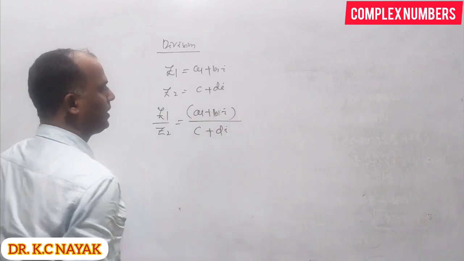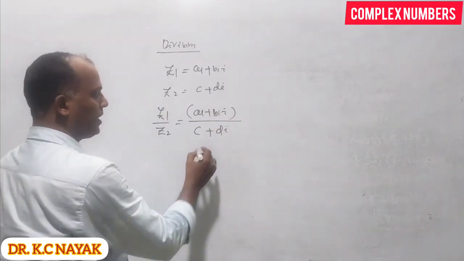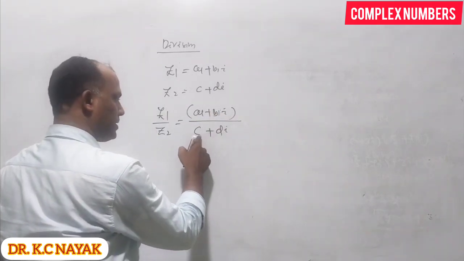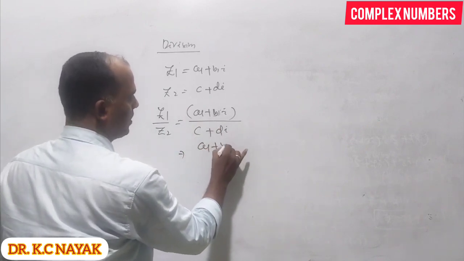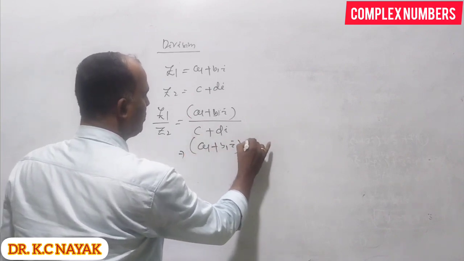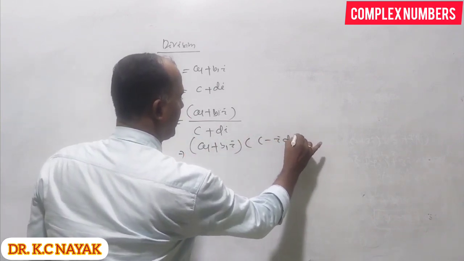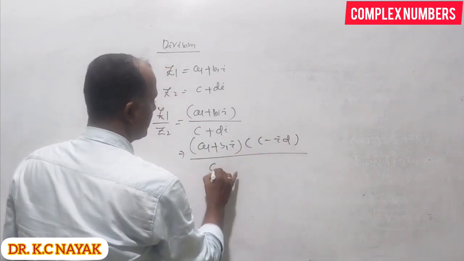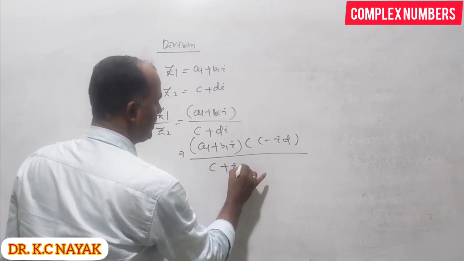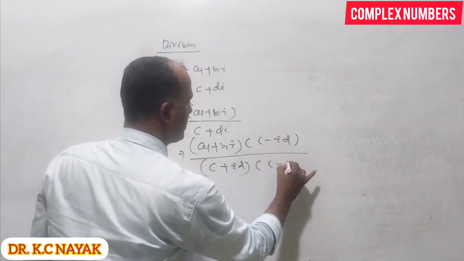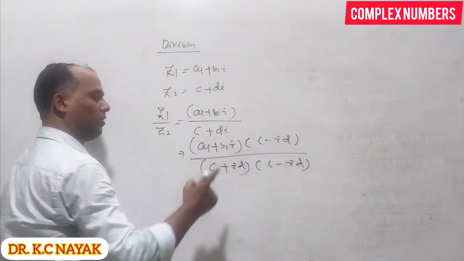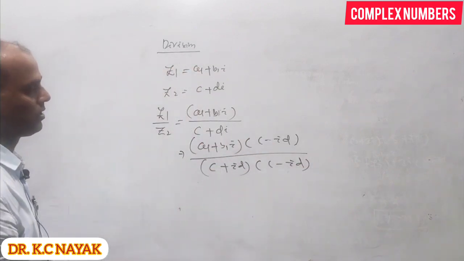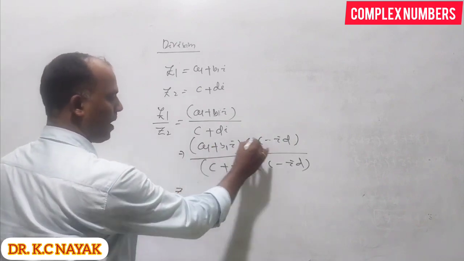If it is c plus di, we make it rational, that means a1 plus b1i into c minus id, here c plus id into c minus id. What I multiply, that also I make division. So I am applying the product rule.